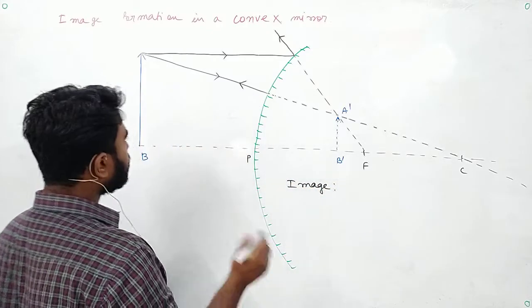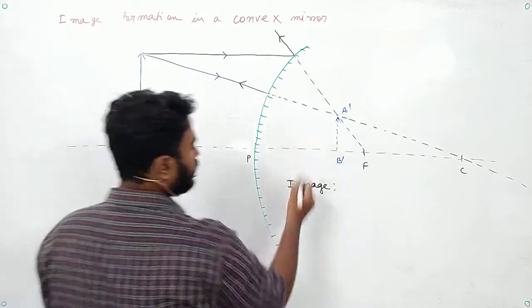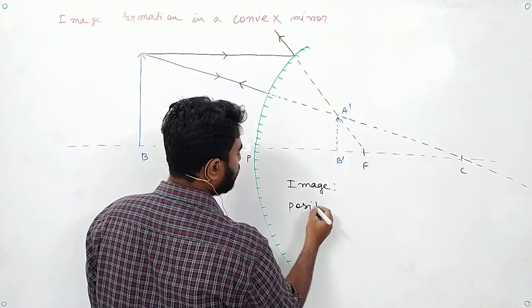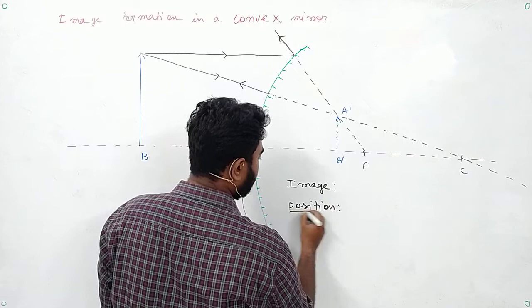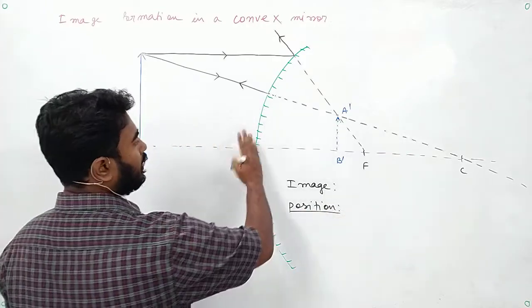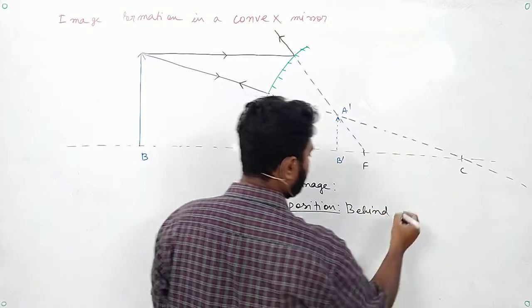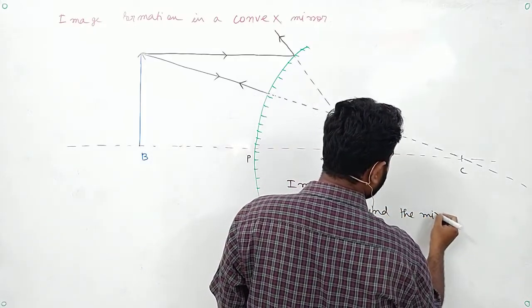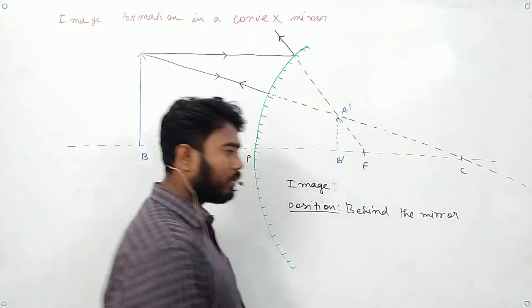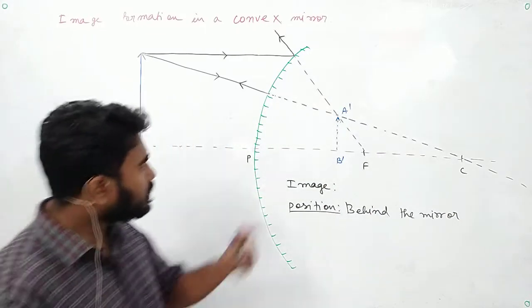First is, what is the position of the image? See, the position of the image is behind the mirror. Now, what is the size of the image?